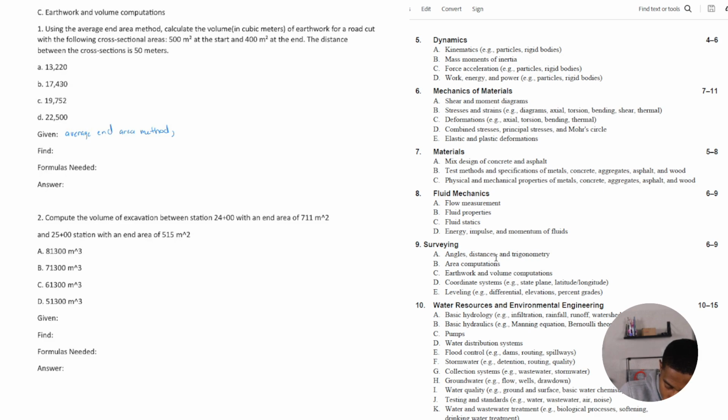We get the cross-sectional area at start and end, and we get the distance between, which is the 50 meters. All right, so basically you're doing a road cut.